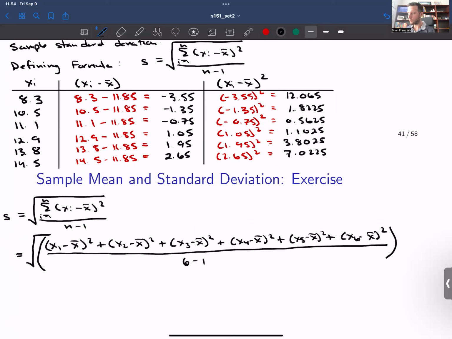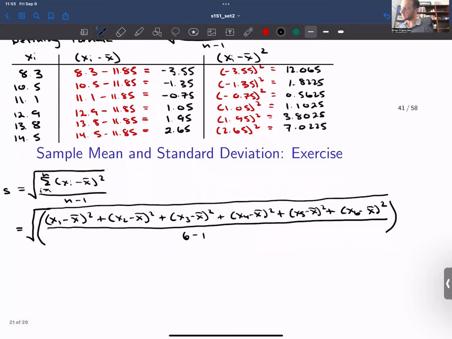The square root is meant to go over everything inside here. And again, the little n here is a 6, because we have 6 observations.